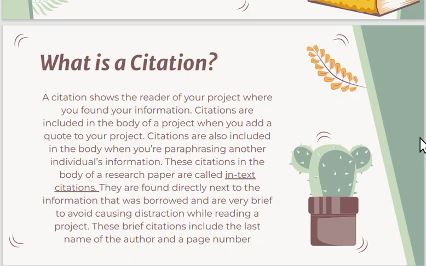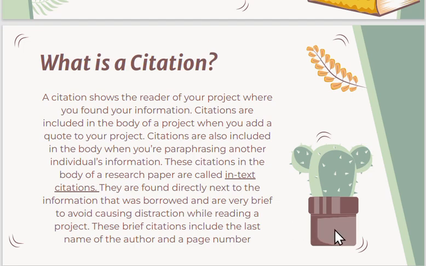Now these citations in the body of the research paper are known as in-text citations. Usually in in-text citation you present brief information about the author, because you will mention only the name of the author, the year, and the page number. So you will mention brief information about the source.